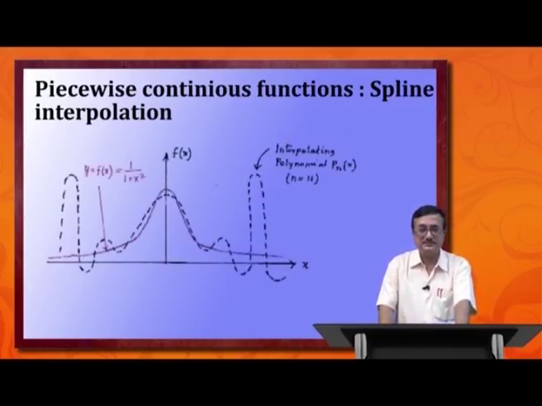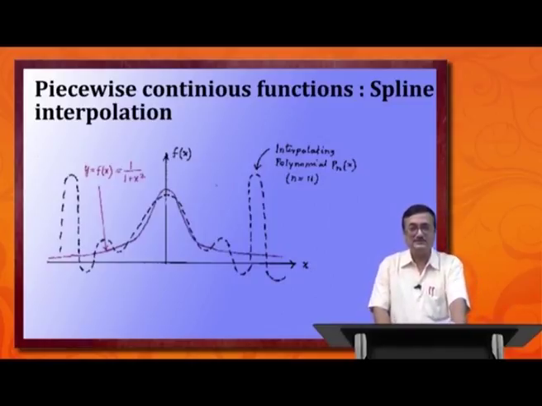Please observe this curve 1. We have two curves. One is the red colored continuous curve, which is the curve for f(x) = 1/(1+x^2) in the region -2 to +2. The curve with broken black lines is the interpolation polynomial curve for n = 11.